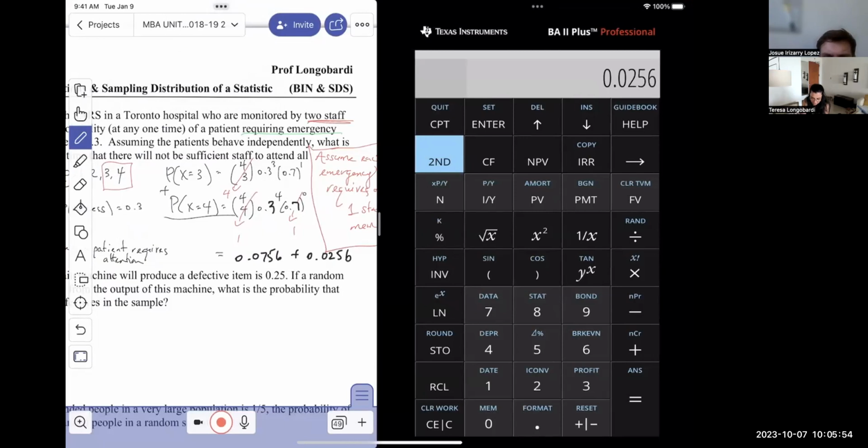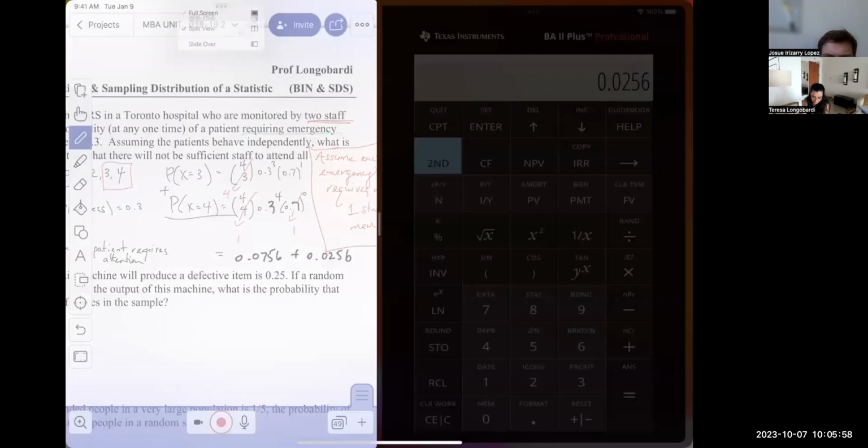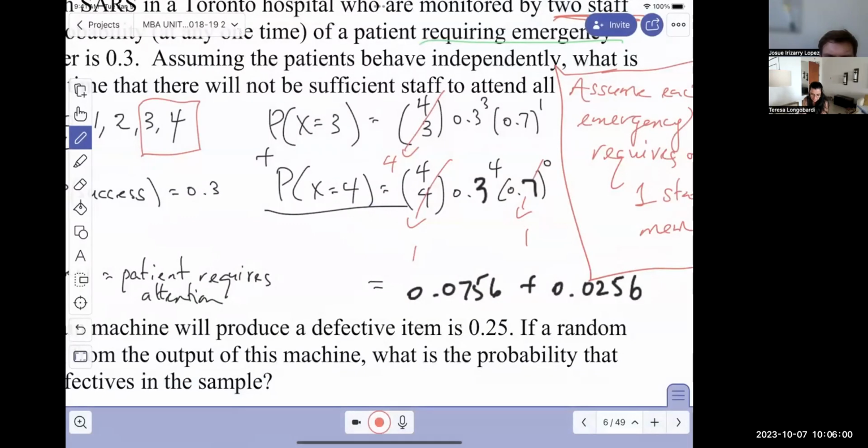And this is 0.7. Let me open it up again. I don't know what I was thinking. So this is still 0.3, this is still 0.7.